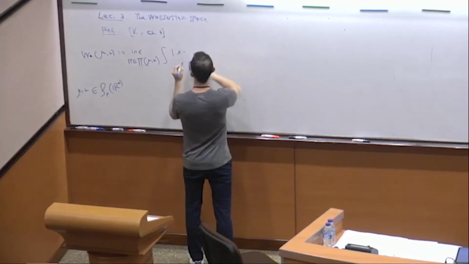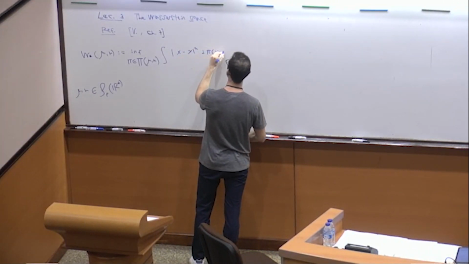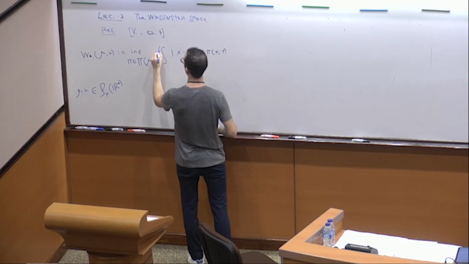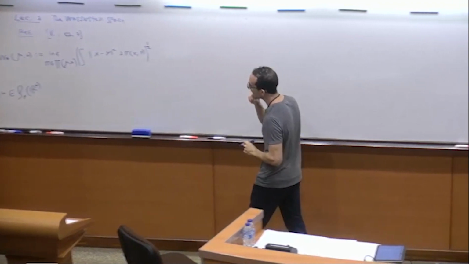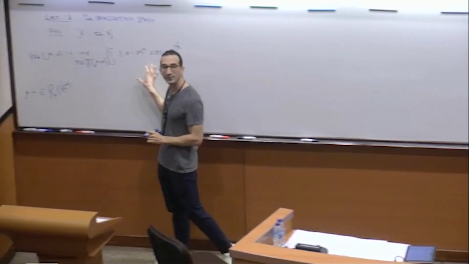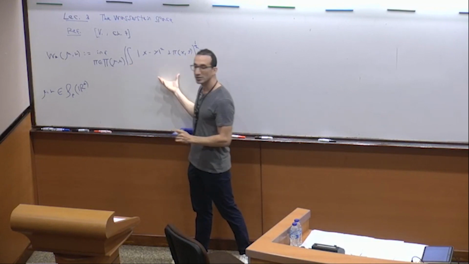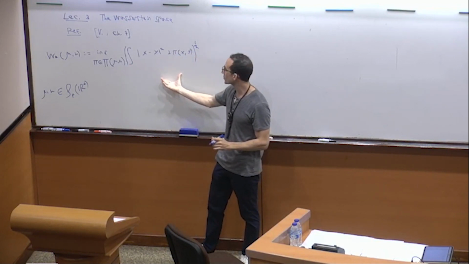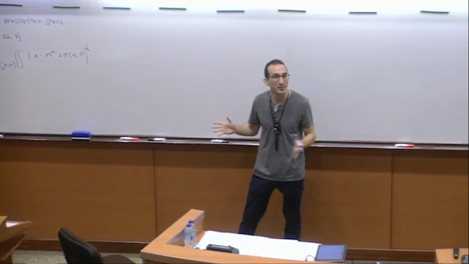So we take the integral of |x minus y| squared d pi(x,y), and then we take the square root. So this is obviously a non-negative quantity. If you have two probability measures, this is just the solution to the Kantorovich optimal transport problem. It will be non-negative. So far, we have no reason to think that this is really a metric.